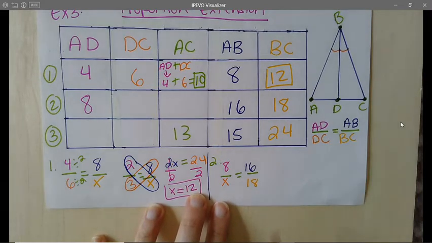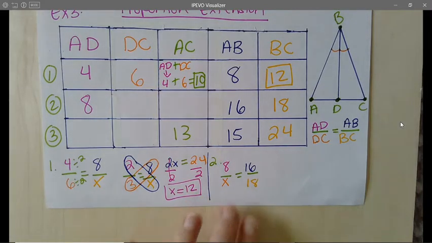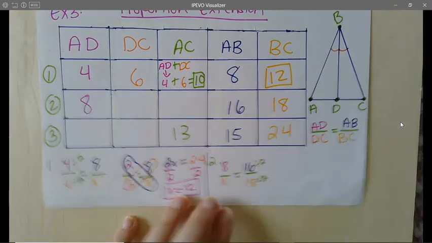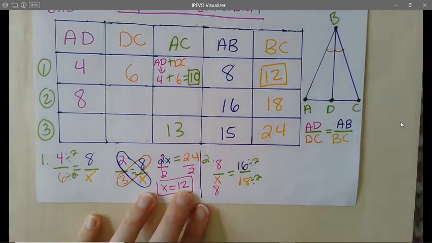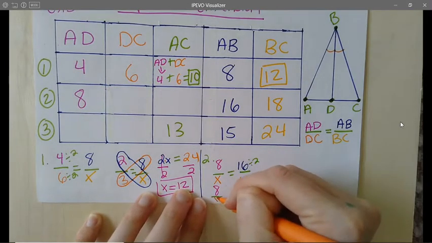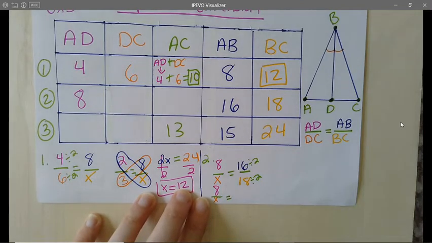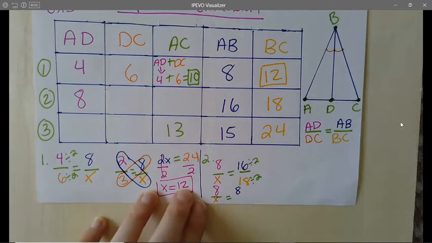That would be 2. So I can divide both of these by 2 and reduce down my numbers. Okay, so I have 8 over x. I can't reduce this side down. So 8 over x equals 16 divided by 2, which gives me 8, and 18 divided by 2, which gives me 9.